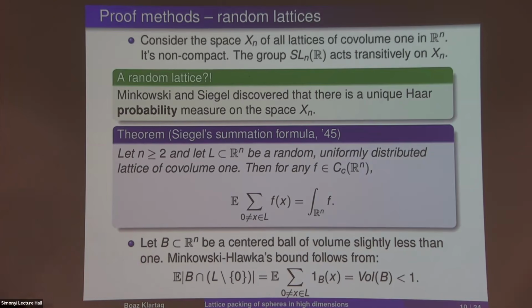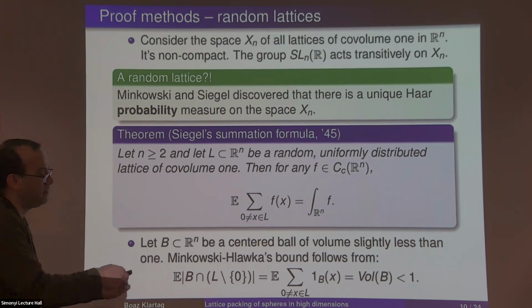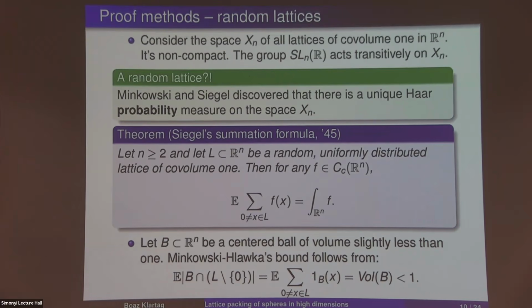Let's do the following trick. Take a random lattice L and count how many non-zero vectors it has inside B, the ball of volume 1. This is a random variable, integer valued and non-negative. You express it as a sum over the non-zero vectors of the lattice of the indicator function of B evaluated at the point. But this is exactly what you have in the Siegel summation formula.